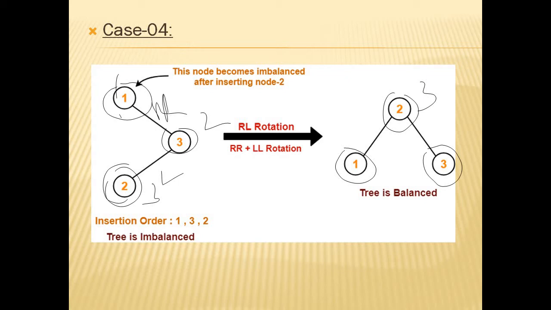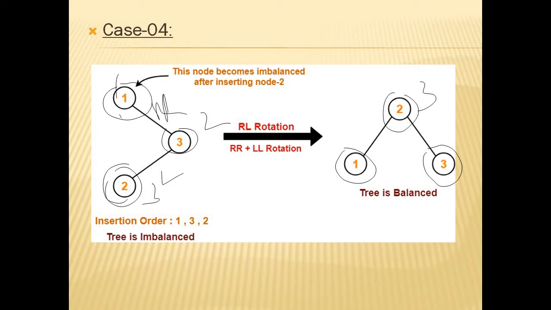Construction of an AVL tree is simply the construction of a binary search tree. But you should keep in mind that whenever you insert a new element into the binary search tree, you need to calculate its balancing factor. If the balancing factor is either -1, 0, or +1, you need not perform anything.